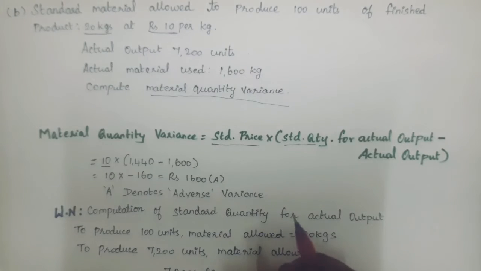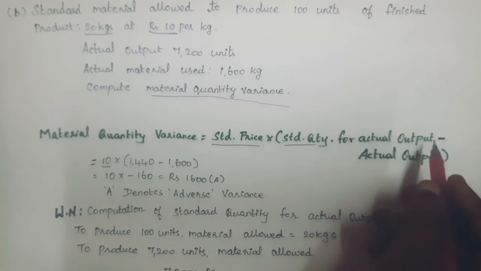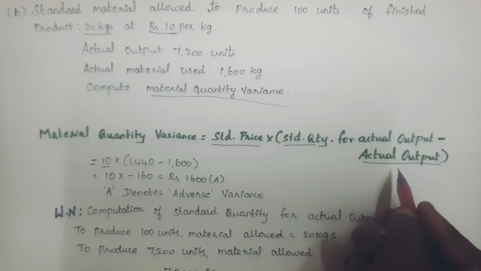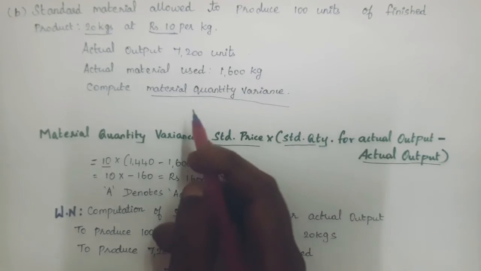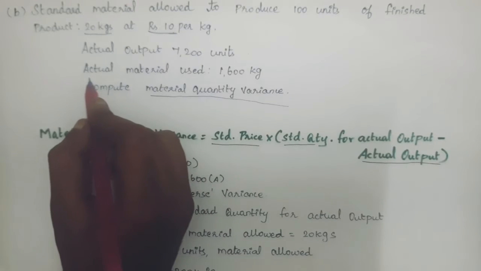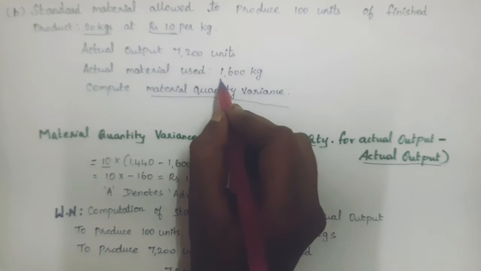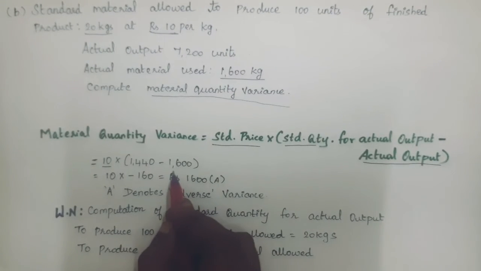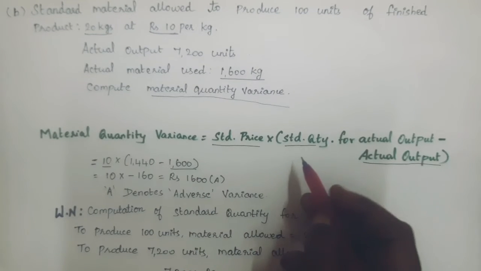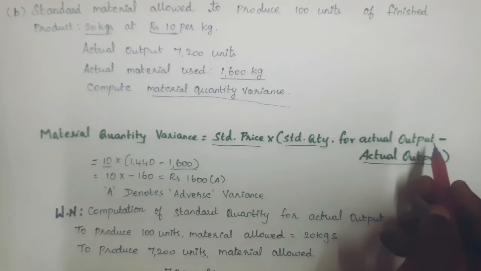We don't have proper information for standard quantity for actual output. Let's see the actual material used: 1600 kg. So we'll put 1600 kg. It is very clear that we don't have the information for standard quantity for actual output.